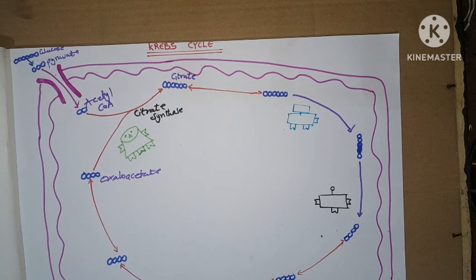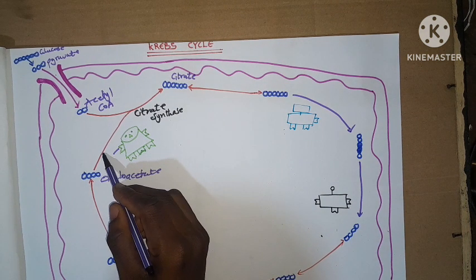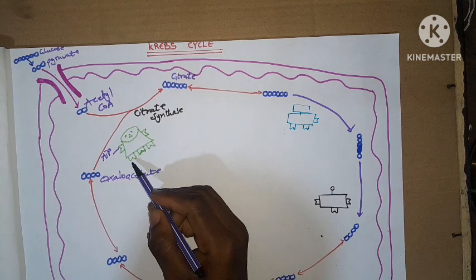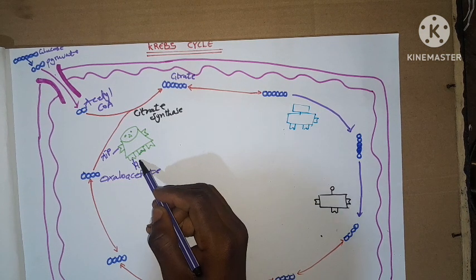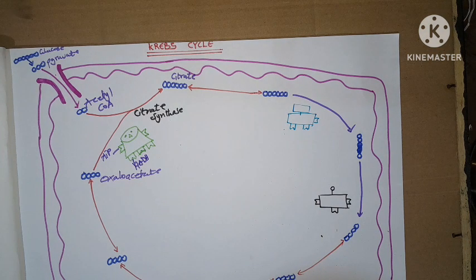So the first one that can inhibit this enzyme is too much ATP. And also a lot of NADH will also inhibit this enzyme.